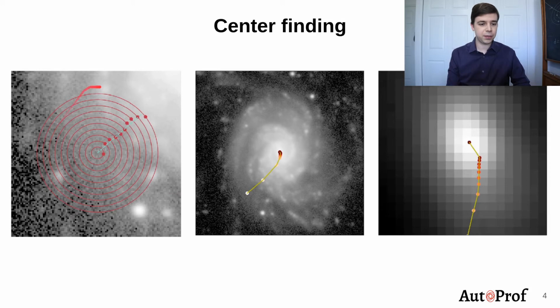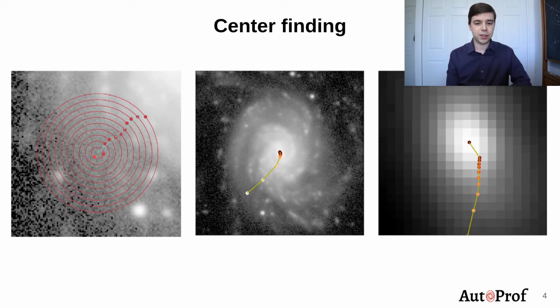You can see in this first panel, what AutoProf does is it takes a ring of surface brightness values from the pixels, computes an FFT, and uses the first mode of the FFT in order to compute a phase, or direction of increasing light. It'll do this for a number of rings and then take the average direction of increasing light, which is relatively robust to any sort of point sources or other objects which may cause the centering to get confused.